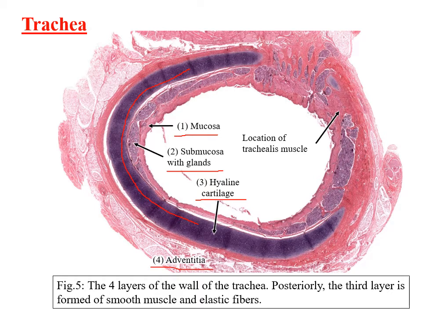Now remember, posteriorly the cartilage is absent from the tracheal wall, and instead this gap here is filled with the trachealis muscle, which is a smooth muscle, and elastic fibers. So the third layer of the wall of the trachea is hyaline cartilage, except posteriorly, where it is occupied by smooth muscle and elastic fibers.